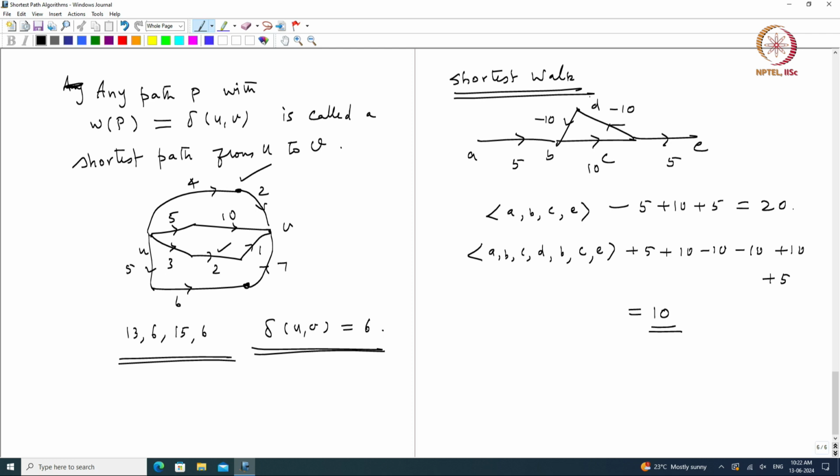You can see that its weight is reduced by 10. Why is it reduced by 10? You have gone round this cycle BCD.